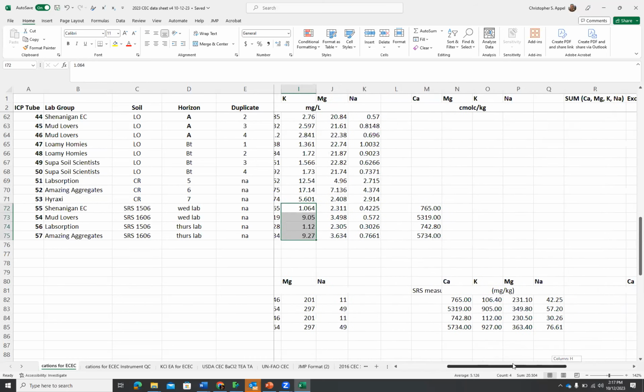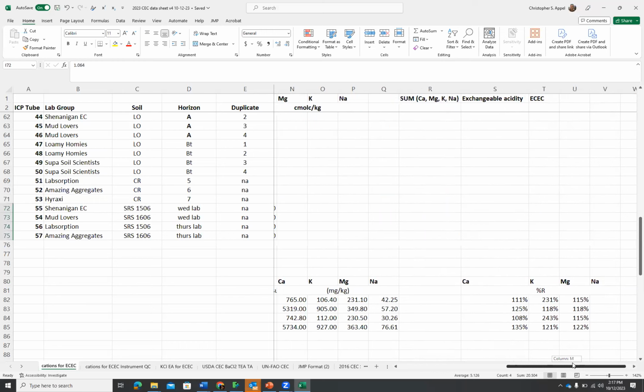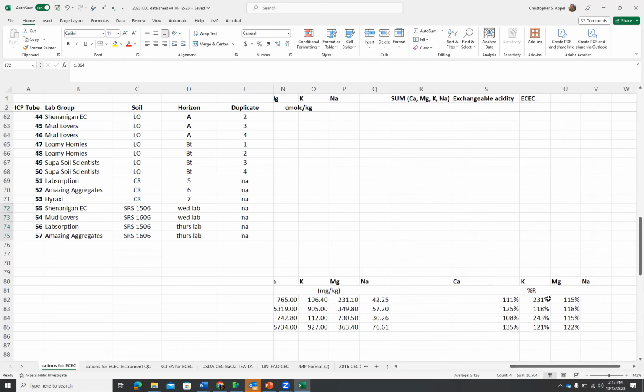But in the other one, we did a good job. We recovered it well. 1506 is where we have the 200s percent recovery, but in the other one, we recovered it well. So that tells me that there's some issue with that standard reference soil, and I don't know what it is, but it doesn't tell me that we did a bad job at the experiment.